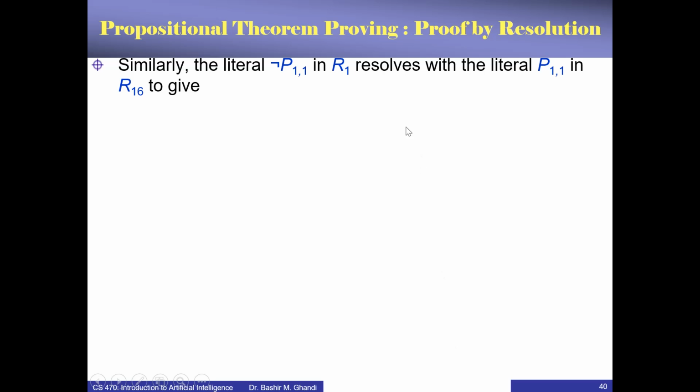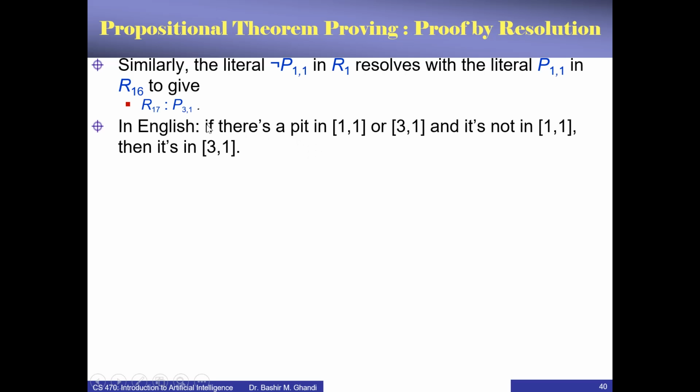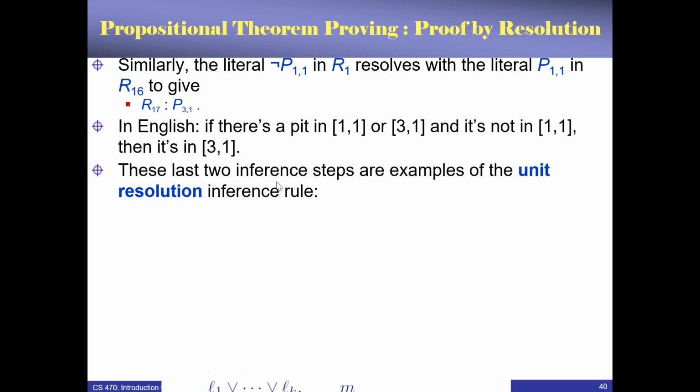Now similarly, the literal not P11 in R1 will resolve with the literal P11 in R16 to give us now a single sentence. R17 is just P31. In English, what it means is if there is a pit in 11 or 31 and it is not in 11, then definitely it is in 31. So this is how we concluded where the pit is. The pit is actually in 3-1.